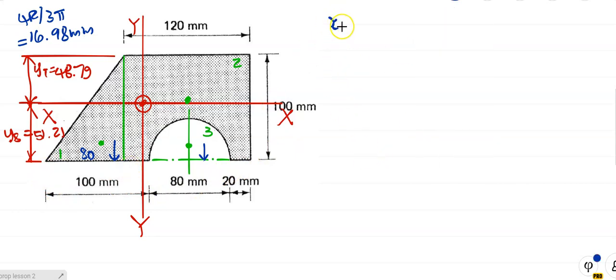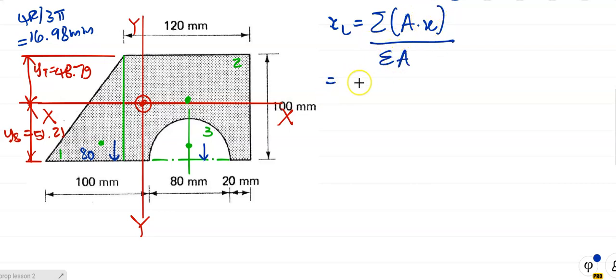So x left is equal to the sum of all the area multiplied by the horizontal distance over the total area A. I'm doing a triangle, half base times side, of times 80 times 100, multiplied by x. What's x?